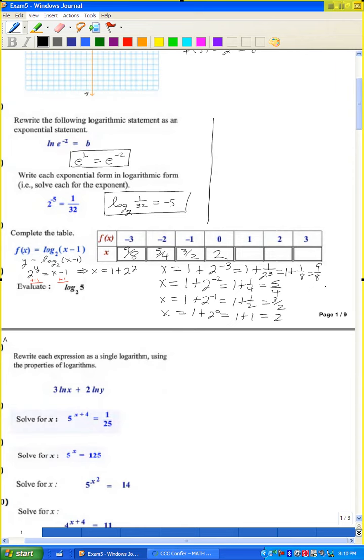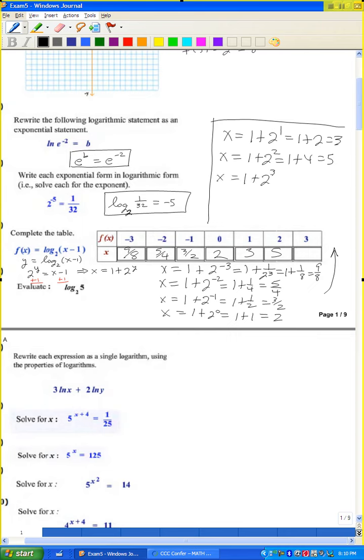Let me go up here so I have at least some room. 1 plus 2, 3. 1 plus 4, 5. 1 plus 8, 9. Okay.